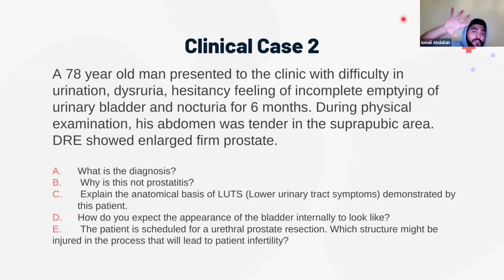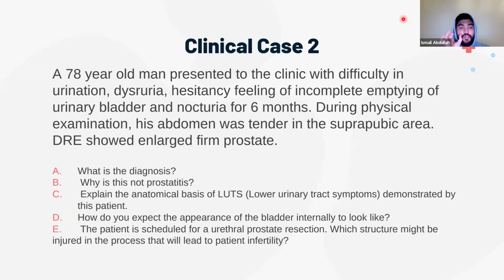Then this protrusion itself is also going to narrow, as a matter of fact obstruct, the urinary outflow. So this will cause urine to be retained in the bladder. The bladder is not going to be emptied fully; a bit of it is going to remain.